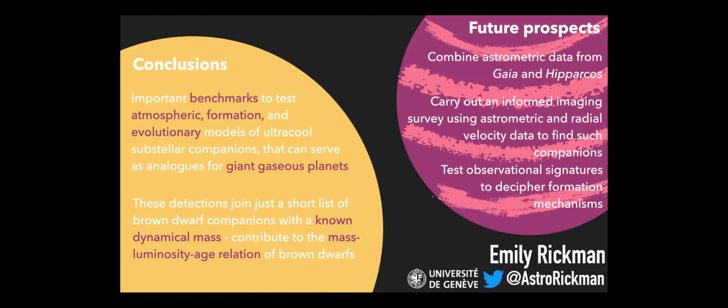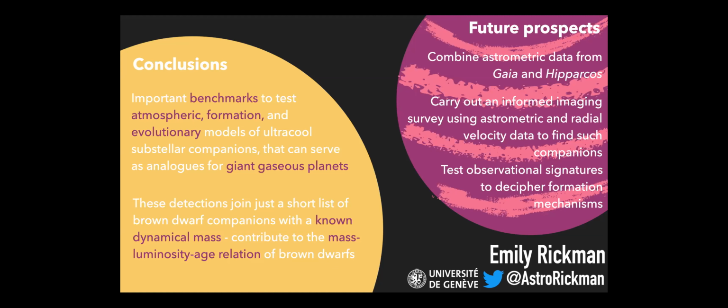What I would like to test going forward is looking at really, really young systems where you can decipher between these two different formation scenarios, the cold start versus hot start scenarios, by looking at their magnitudes at those timescales. It's difficult to do for some of these systems from the CORALIE survey, because they're typically a bit older and it's difficult to differentiate.